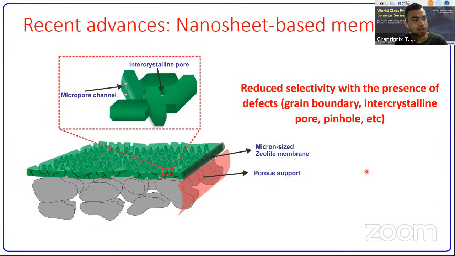Okay, now I would like to move on to the recent advances in polymer and inorganic nanocomposite membranes from the inorganic point of view. As I have mentioned before, inorganic membranes are based on polycrystalline layers. But these polycrystalline layers have their own weaknesses.